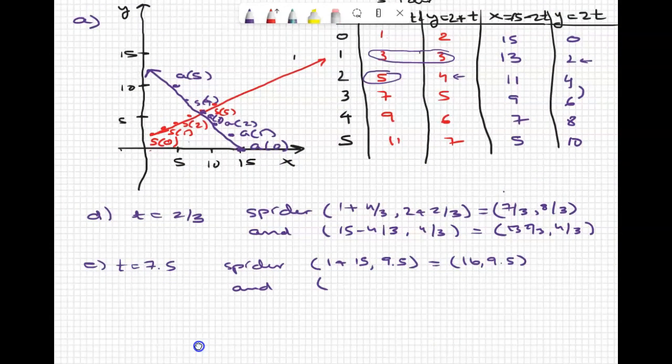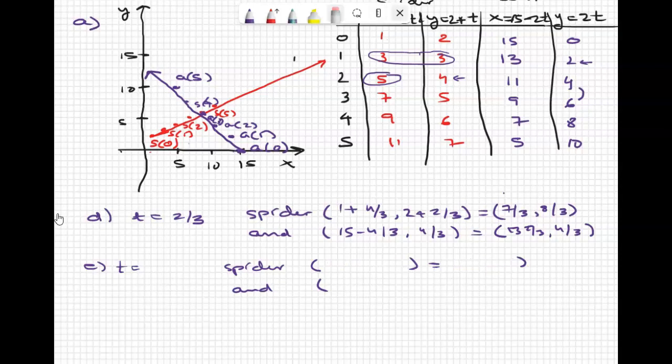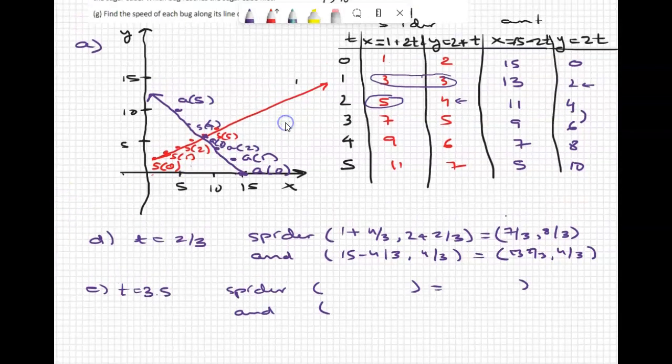Let's fix this up. So this is 3.5. Okay, so let's go back here. 1 plus 7 is 8. 2 plus 3.5 is 5.5.